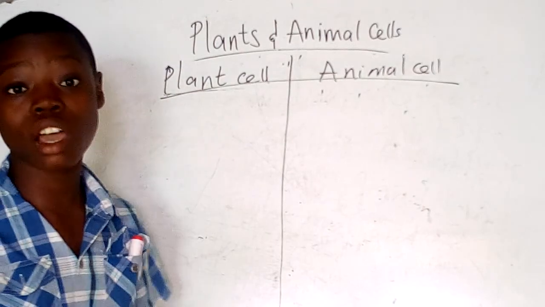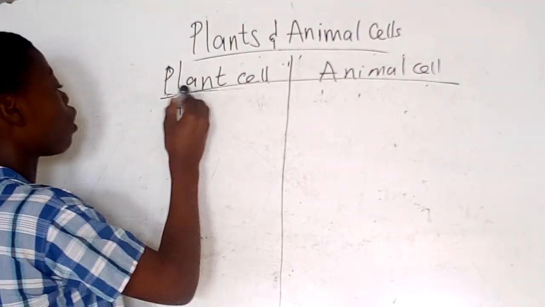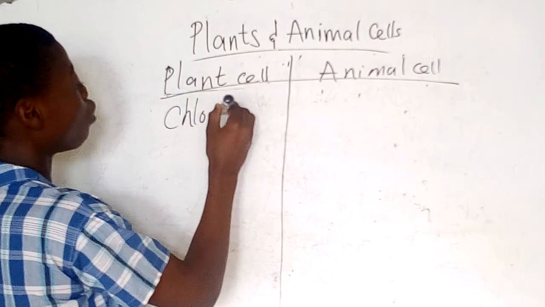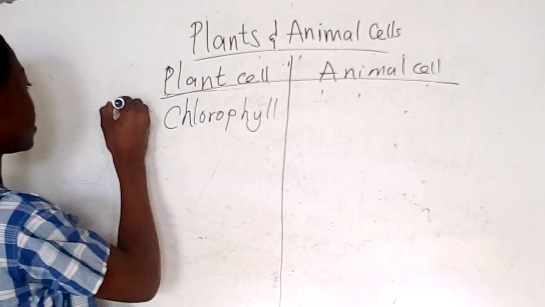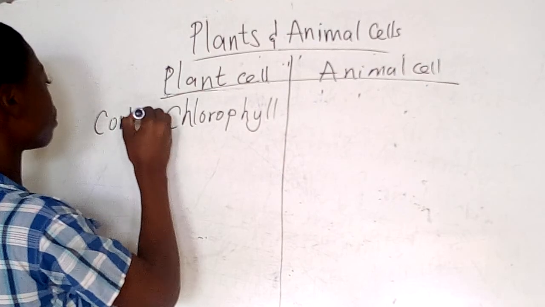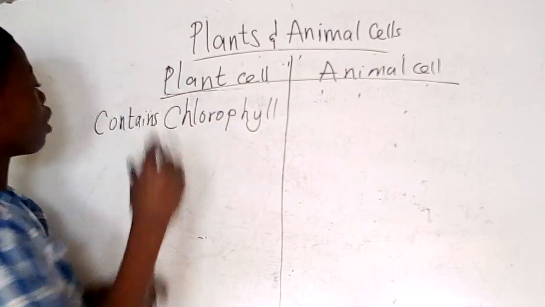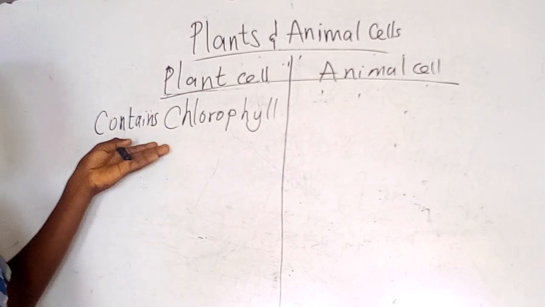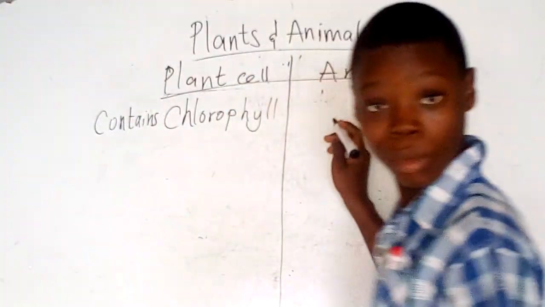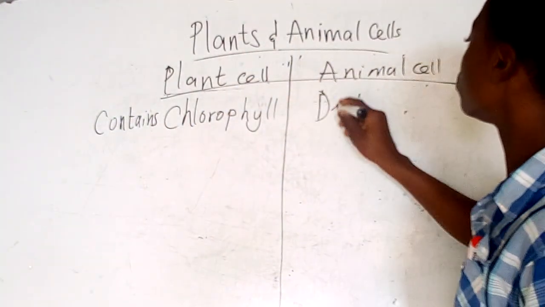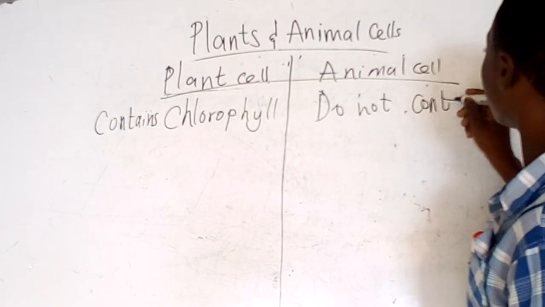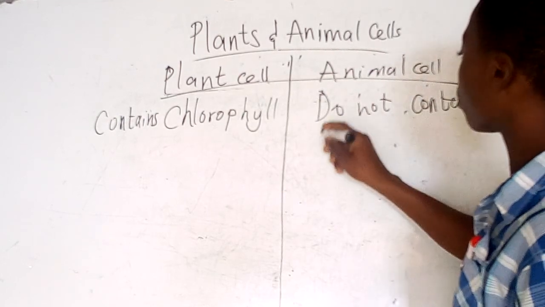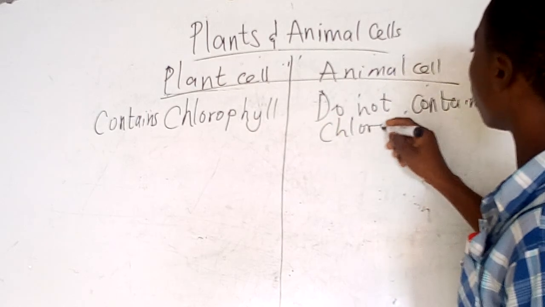So the plant cell contains what we call chlorophyll.